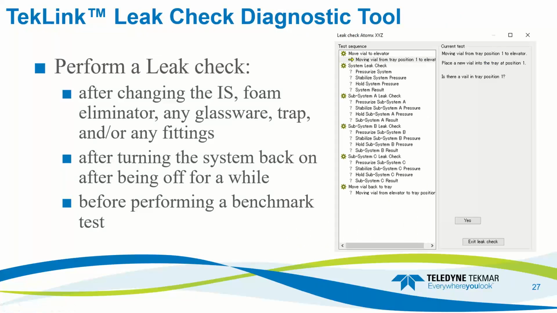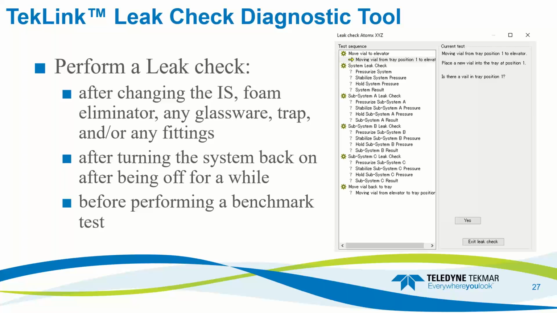All right, and here is the TechLink leak check diagnostic tool. So usually you want to run that leak check after you change the internal standard, the foam eliminator, any glassware, the trap, you loosen any fitting, basically anytime you change a part on the instrument.